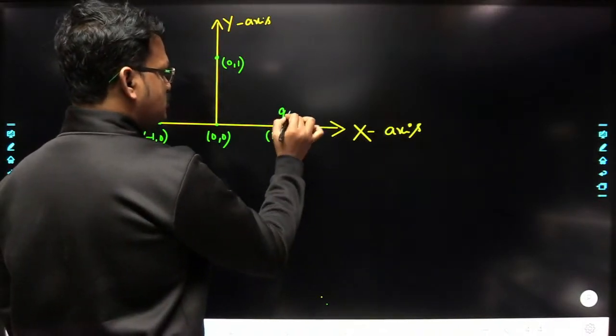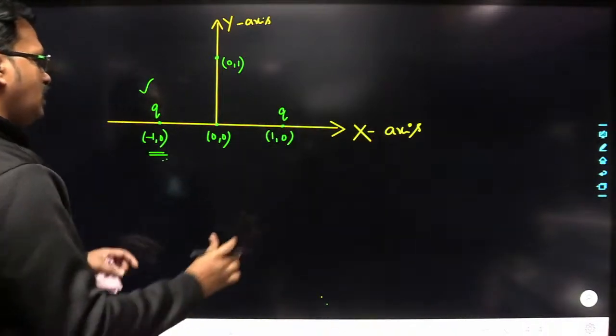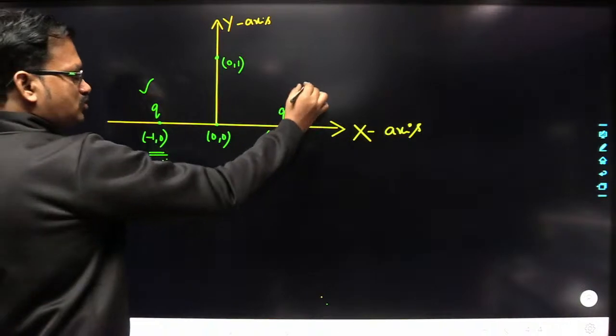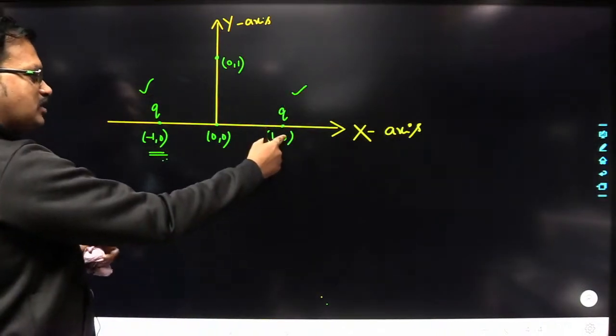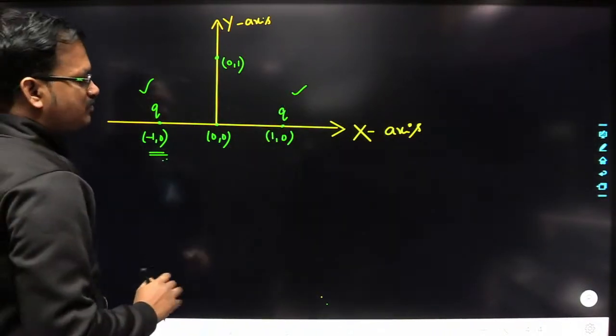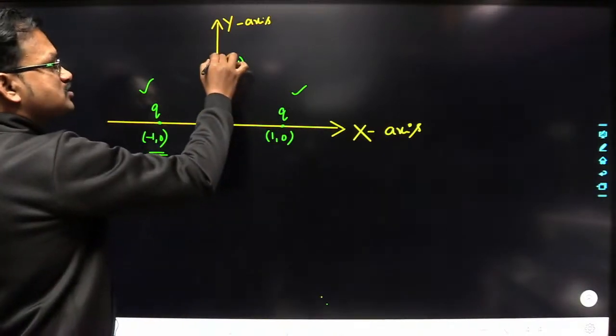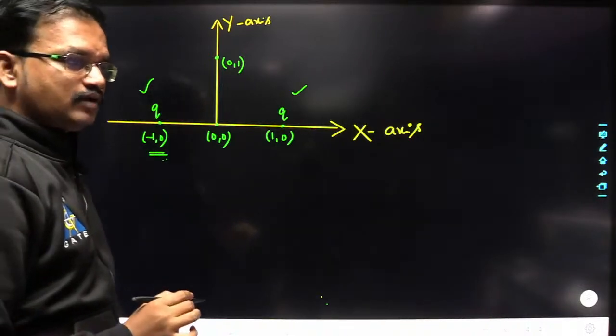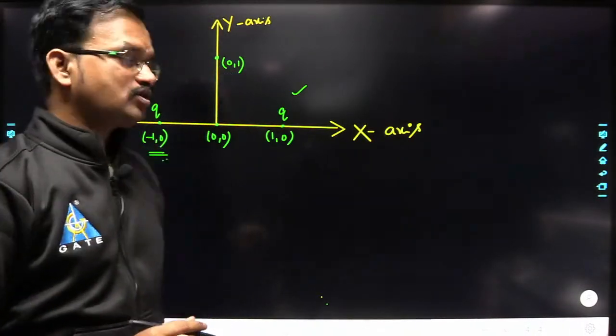Another charge q is placed at 1, 0, and here another charge q is also placed at minus 1, 0. Right. So this charge is placed at 1, 0. This is placed at minus 1, 0, and now they are asking to determine the net electric field at point 0, 1. What is the net electric field at point 0, 1?